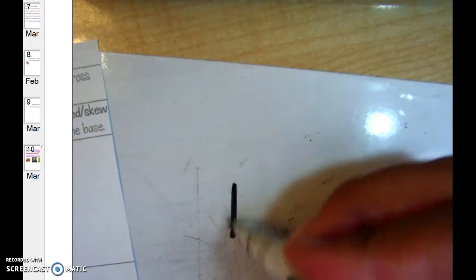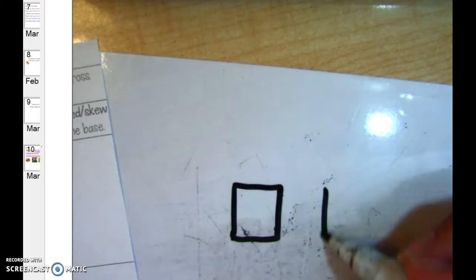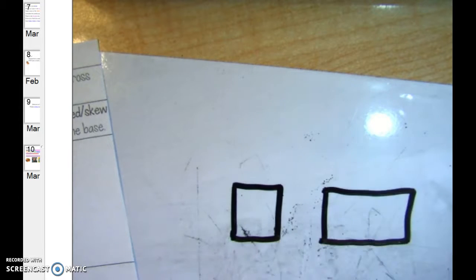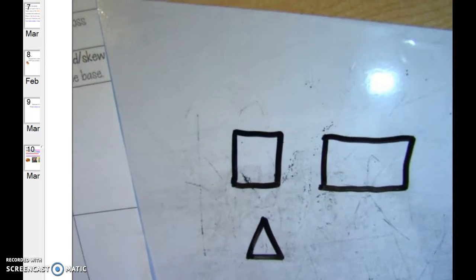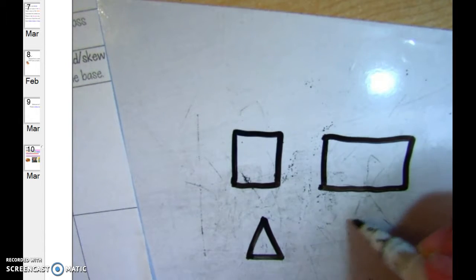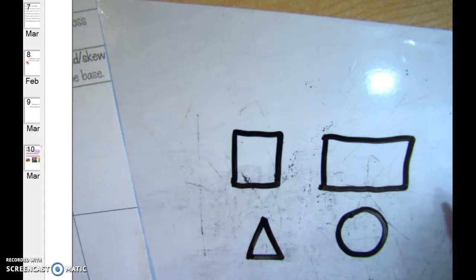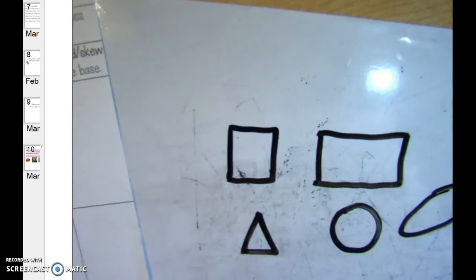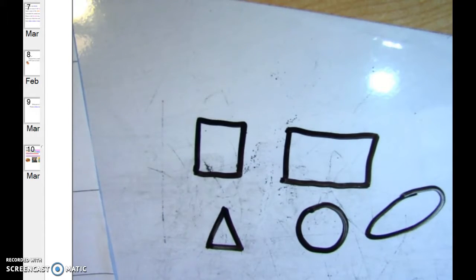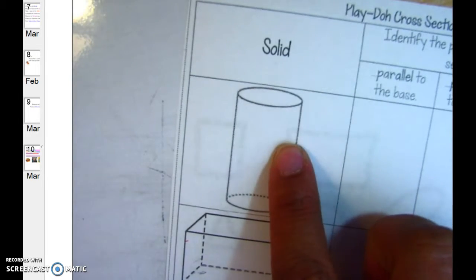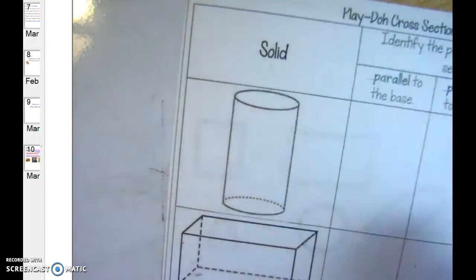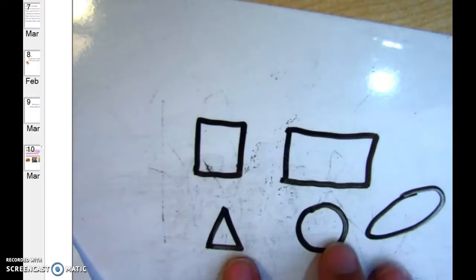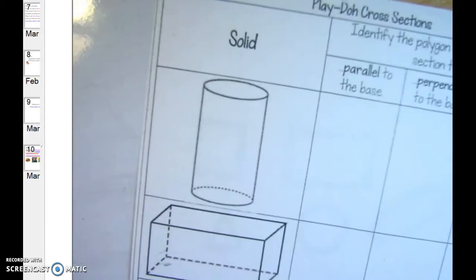So we know polygons, we could see a square, we could see a rectangle, we could see a triangle, and all different types of triangles we know. Now, a circle's not a polygon, but we could see that. We could see an ellipse. So it just depends how we cut these 3D objects, and we want to know, when we cut it different ways, what 2D shapes do you see?